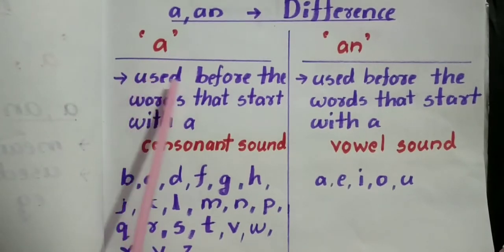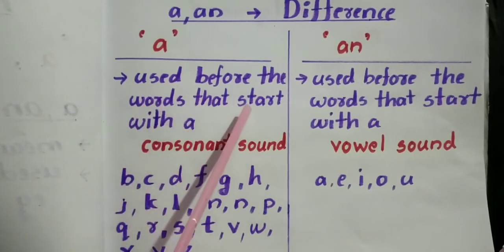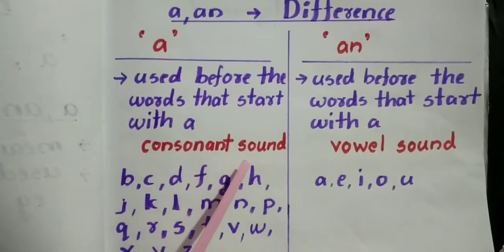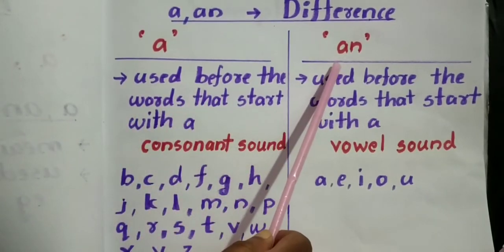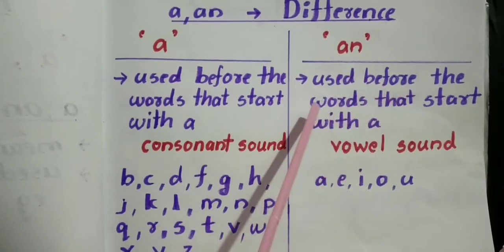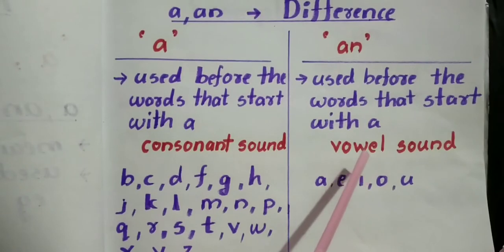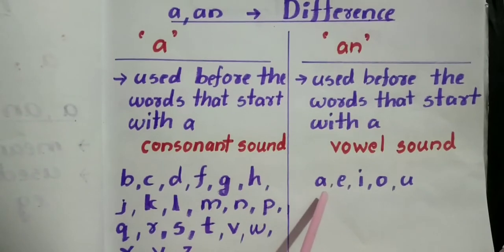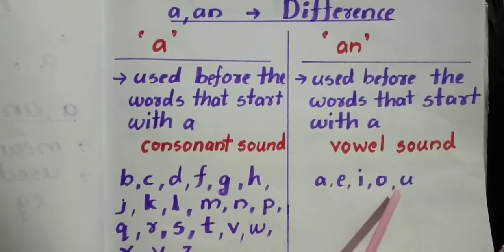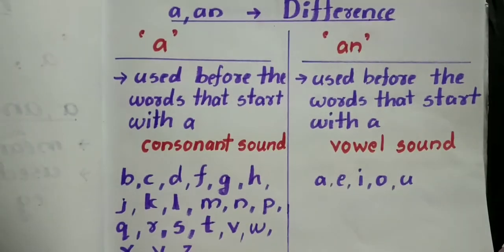A is used before words that start with a consonant sound and an is used before words that start with a vowel sound. We know that in English we have vowels and consonants. Which are the vowels we have? A, E, I, O, U. These are the vowels in English and all others are consonants.